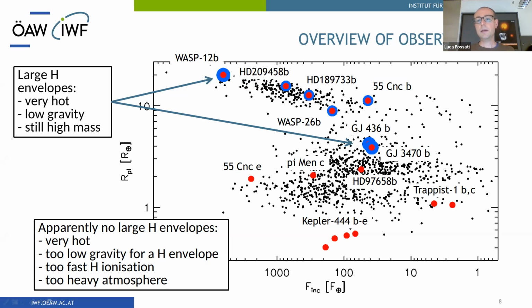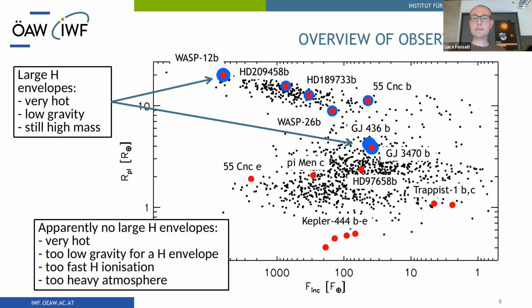There are two planets here, GJ 436b and GJ 3470b, which have really giant coronas. They have giant hydrogen envelopes, and you have to imagine that, in particular for GJ 436b, the hydrogen envelope around the planet is a lot larger than its host star.